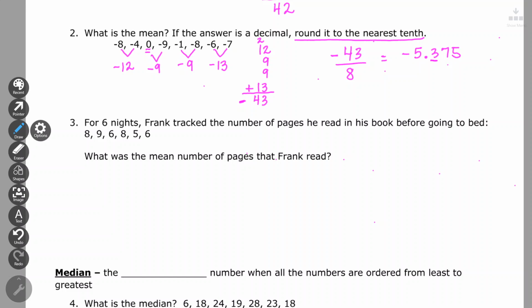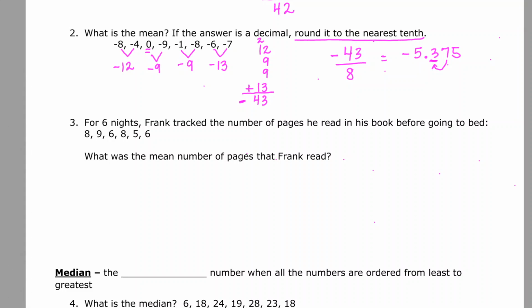So we have a 3. So this 7 is going to make the 3. We have to ask ourselves, is the 7 going to make the 3 go up or stay the same? 7 is greater than 5, and because it's 5 or greater, you round up. 4 and less, you make the number stay the same.